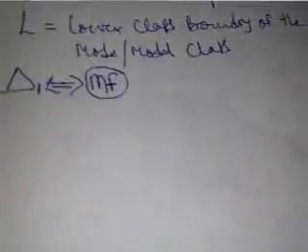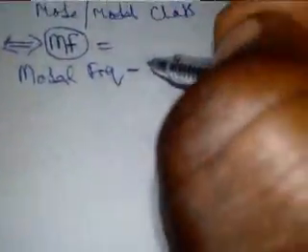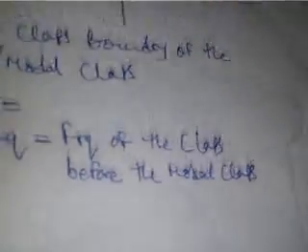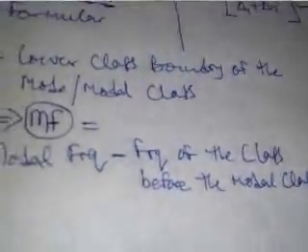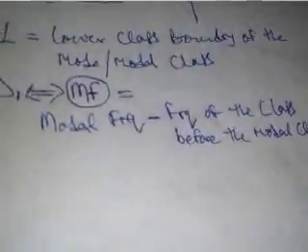But just try and understand what each part of this is talking about. So say MF is the modal frequency. So there is modal frequency minus the frequency of the class before the modal class. So you'll understand what modal frequency means.